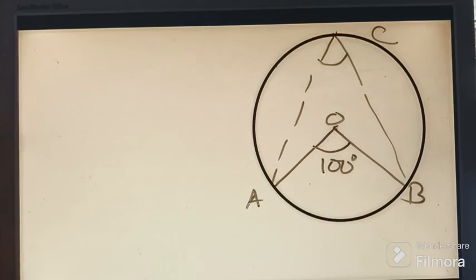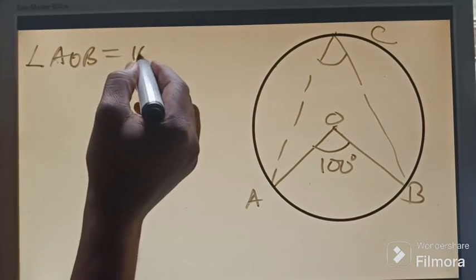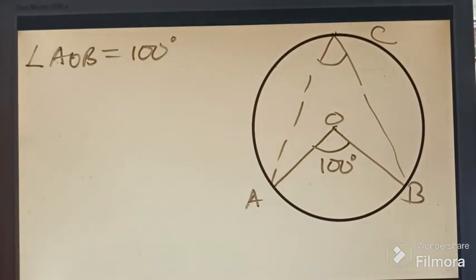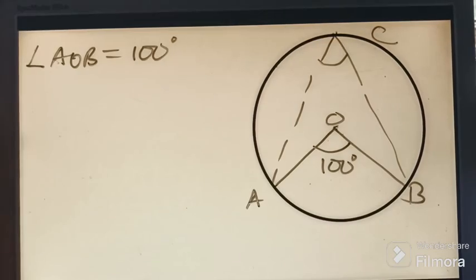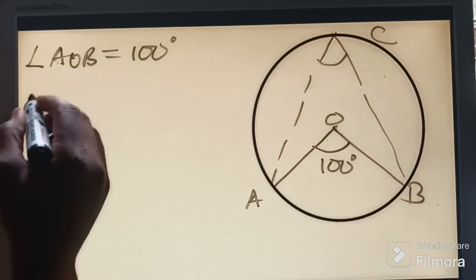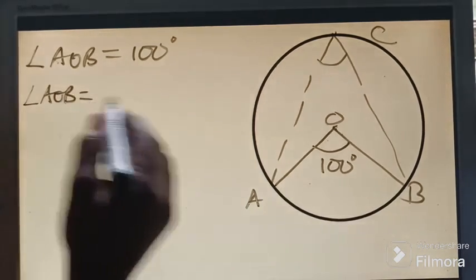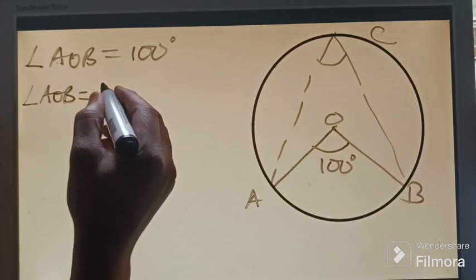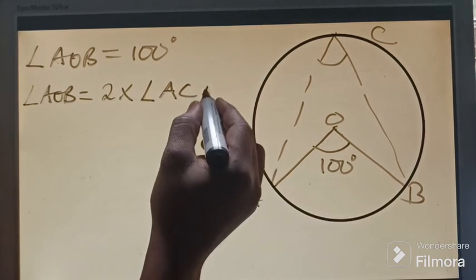We have found angle AOB to be 100 degrees. Now how do we find angle ACB? Here we use the theorem. Angle AOB, which is our angle at the center, is equal to 2 times angle ACB.